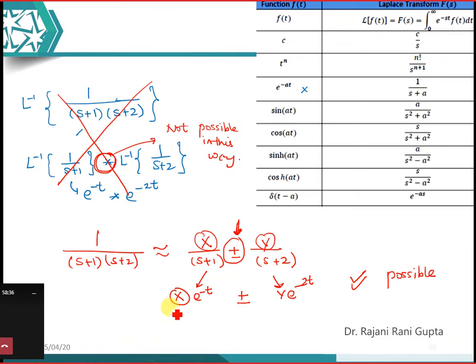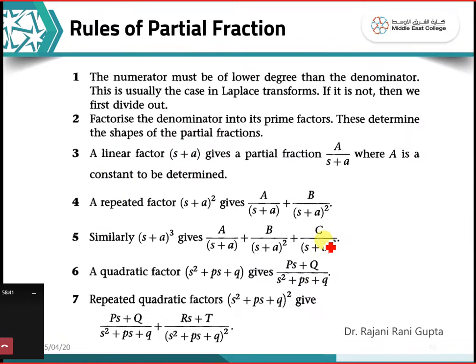So for that, what you have to do is, we have to write it in this way. We have to follow the rules of partial fraction. So what is the requirement of this rule? You need to memorize these things. Under which conditions can you use the rules of partial fraction? The numerator must be of lower degree than the denominator.